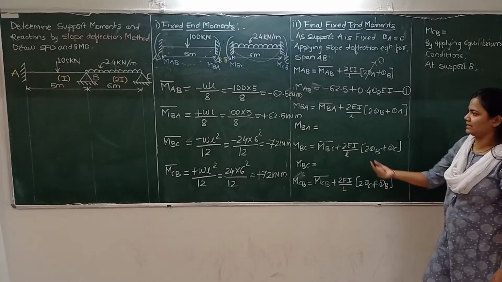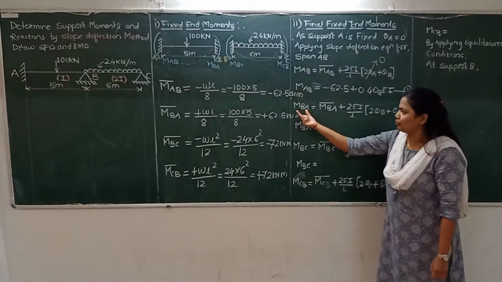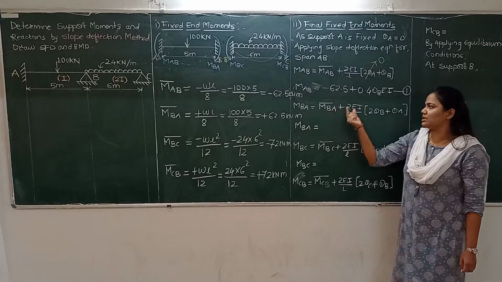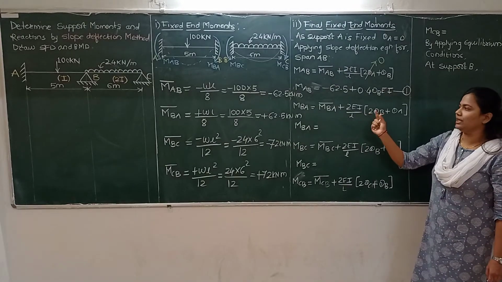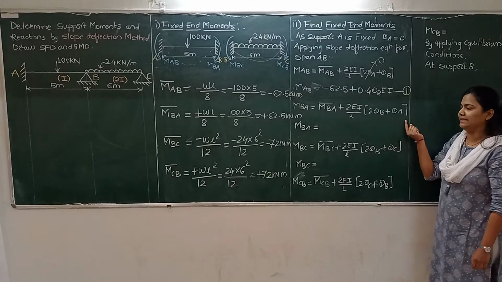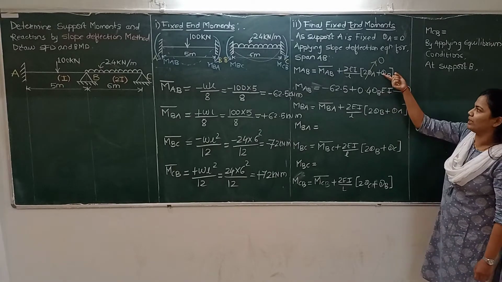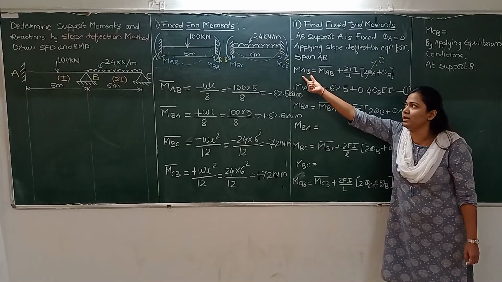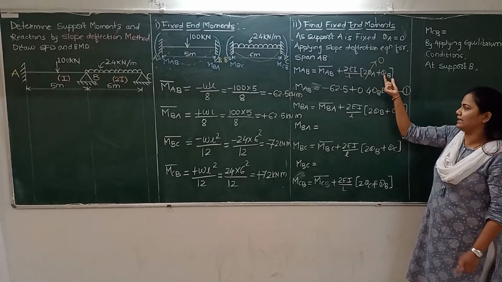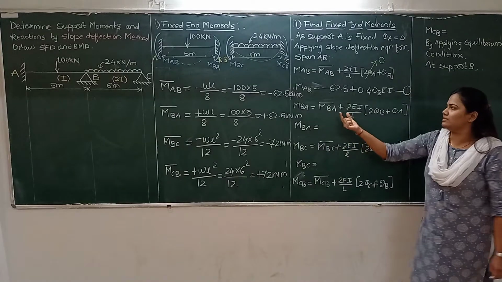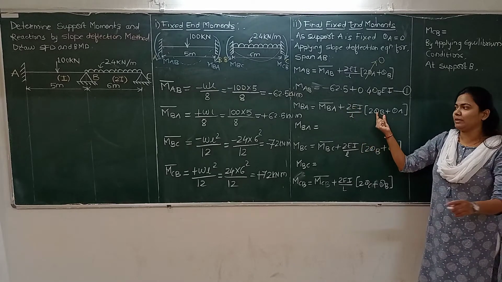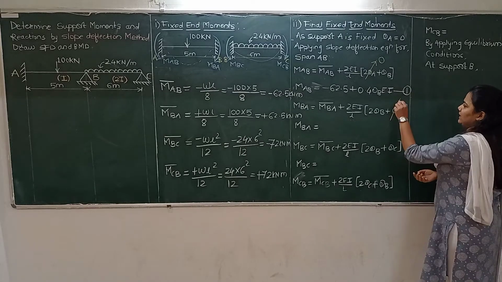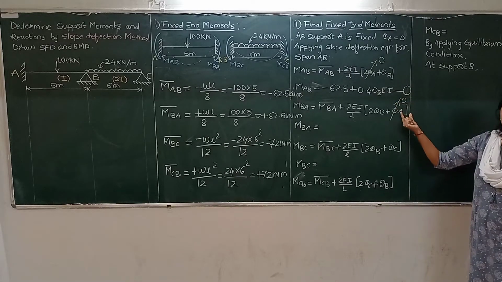Now the next equation, that is MBA. To find out the final moment MBA, which is equal to MBA bar plus 2EI by L in bracket, it will be 2 times theta B plus theta A. If you compare these two equations, only the bracket changes. For MAB it comes as 2 times theta A plus theta B. But when you find MBA, it becomes MBA bar plus 2EI by L, 2 times theta B plus theta A. Now here again in this equation, theta A comes to be 0, as the slope at A does not exist.